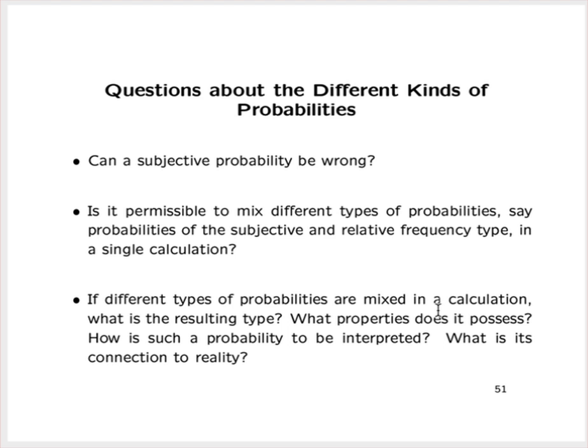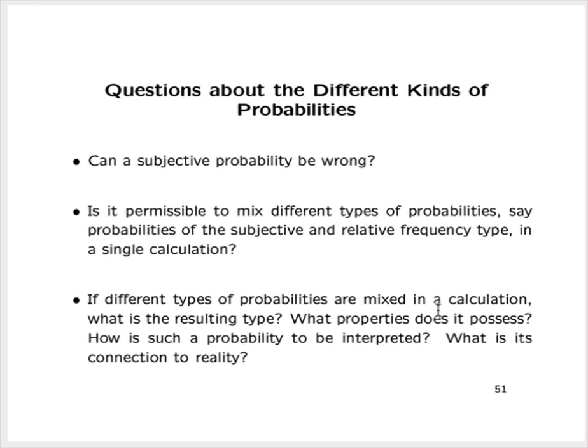Now here's another question: can a subjective probability be wrong? If it's your own personal assessment of the likelihood of some event, can that be wrong? For example, if you say that your subjective assessment of the probability that it's going to rain today is 0.4, and I were to say, well, that's wrong, it's some other value, is there any justification for me saying that?